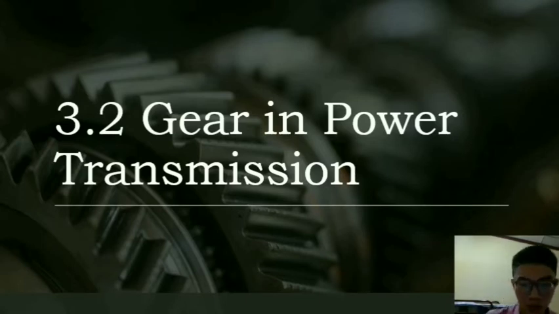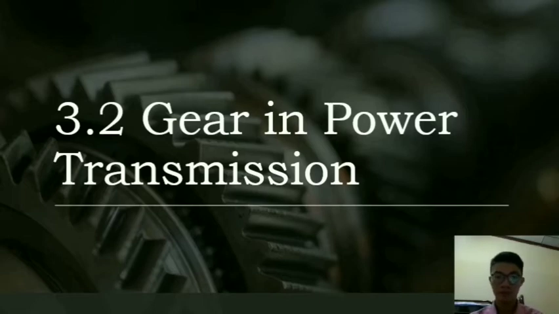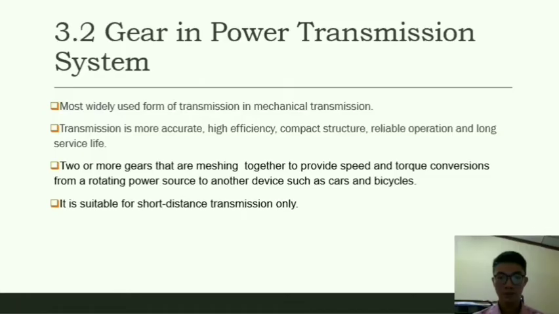Gear in power transmission: gear transmission is the most widely used form of transmission in mechanical transmission. The transmission is accurate, with high efficiency, compact structure, long service life, and it is also reliable.